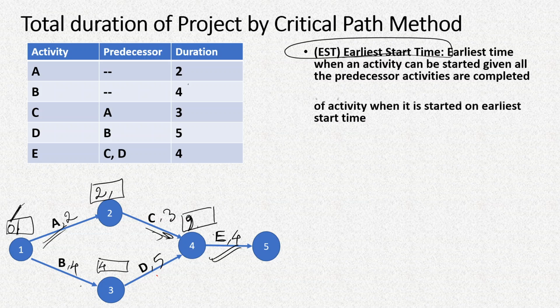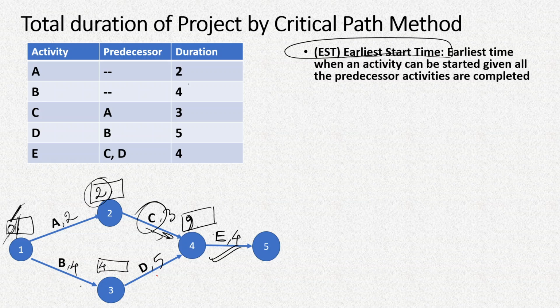So for both of them, day 0 is the earliest start time. Then for activity C, the earliest start time is after the second day. That means on the second day, its predecessor, which is activity A, is completed. So its earliest start time is day 2.